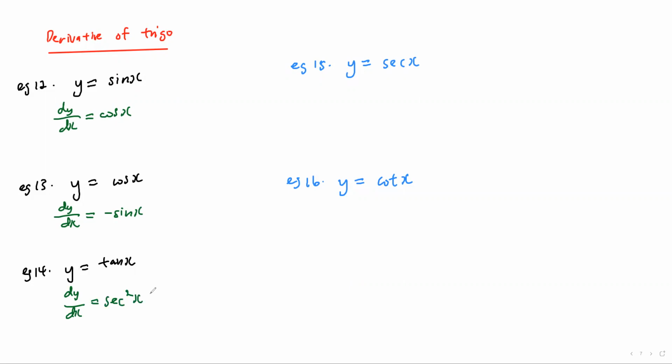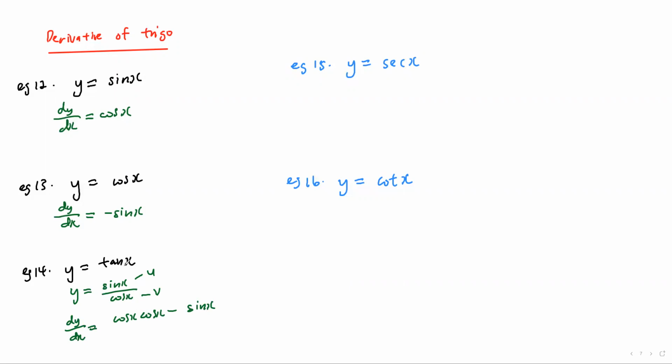Okay, but I want to show you how we can use quotient rule to derive that. So first of all, you need to know that tangent x is equal to sine x over cosine x. Okay, so I'm going to let this be u and this be v. Right, so dy dx would be v times du dx, right? Du dx, that means differentiate sine x, so that should give you cosine x. Okay, minus u times dv dx, right?